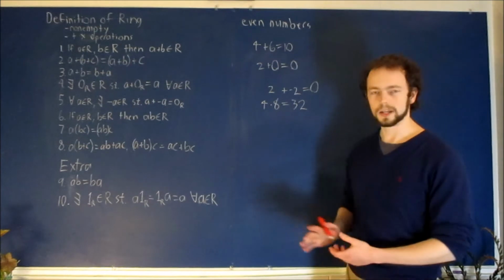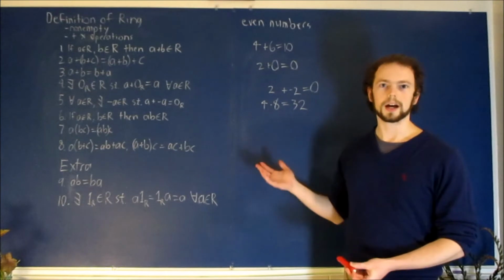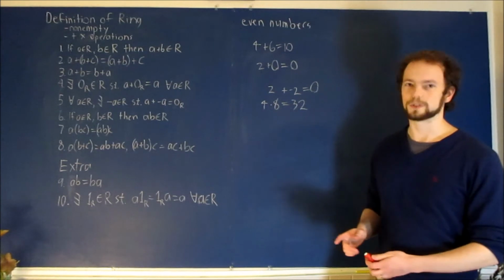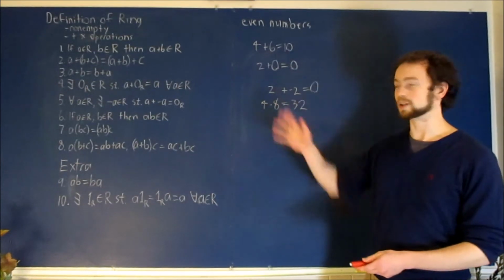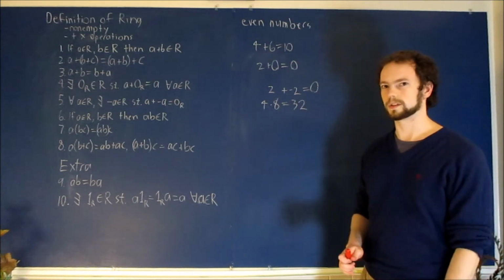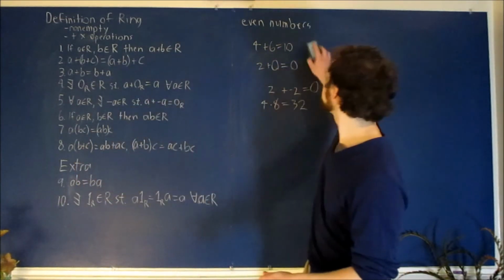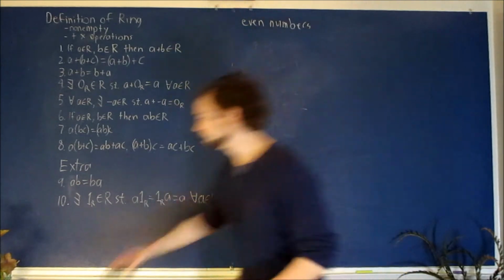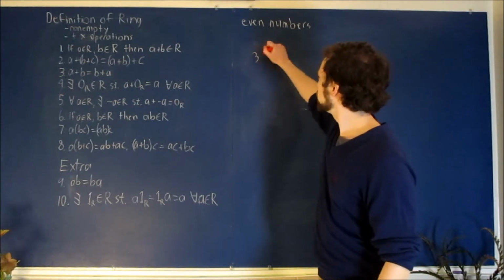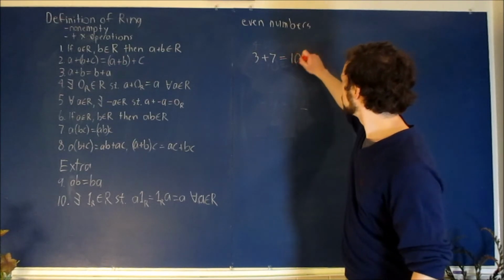Okay, now we just looked at the even numbers, and you might be wondering, what about the odd numbers? Does the same thing work for the odd numbers? And the answer is no. The set of odd numbers does not constitute a ring. And it actually fails a few of these criteria. But just looking at a few of them here, if we take any two odd numbers, like say 3 plus 7, we get 10.